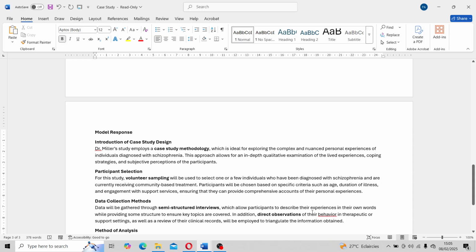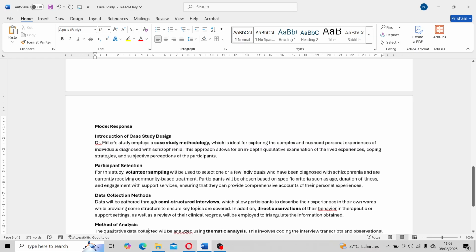In addition, direct observation of their behavior in a therapeutic or support setting. You can also do that, depending on how you want to go about it. You can also decide to give them a questionnaire where they rate how they're coping. So design at least two, don't use one please, at least two or three different methods with which you're going to collect the data from the participants.